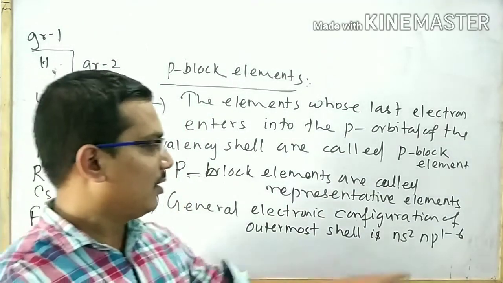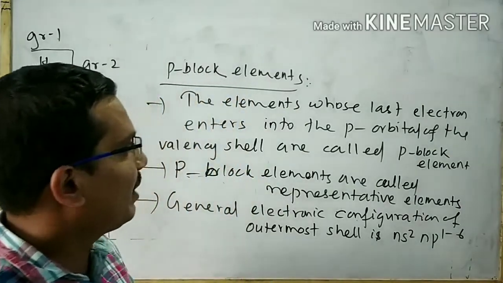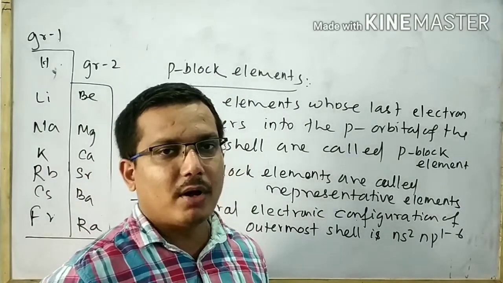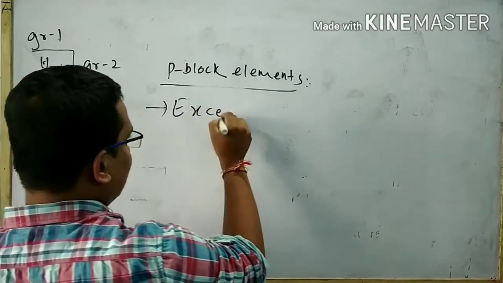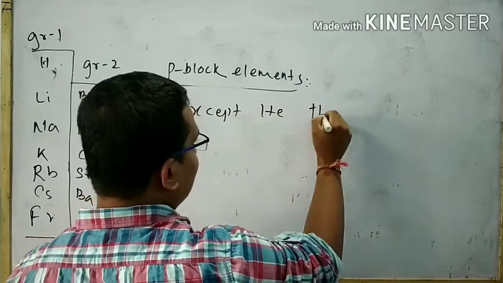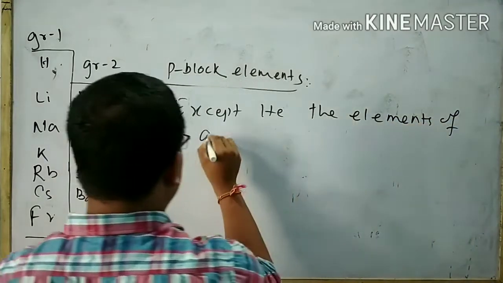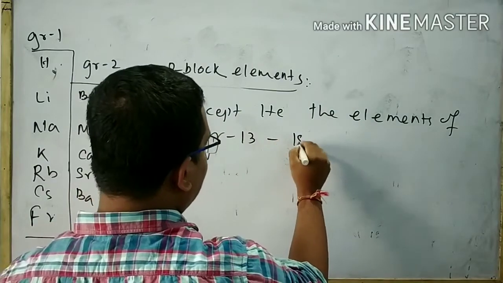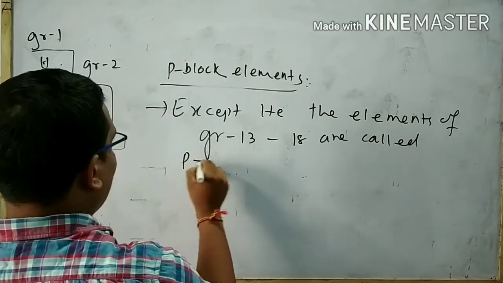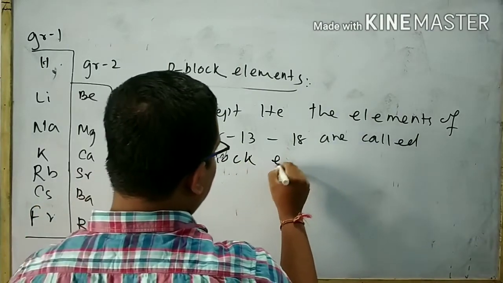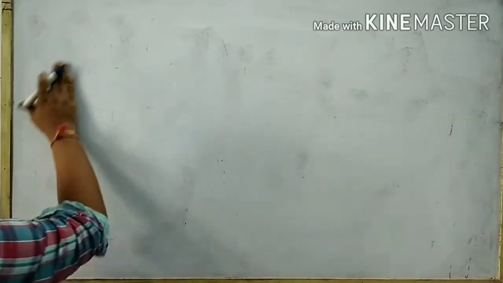It can be explained with the help of the electronic configuration of the elements present in the p block except helium. The elements of groups 13 to 18 are called p block elements.